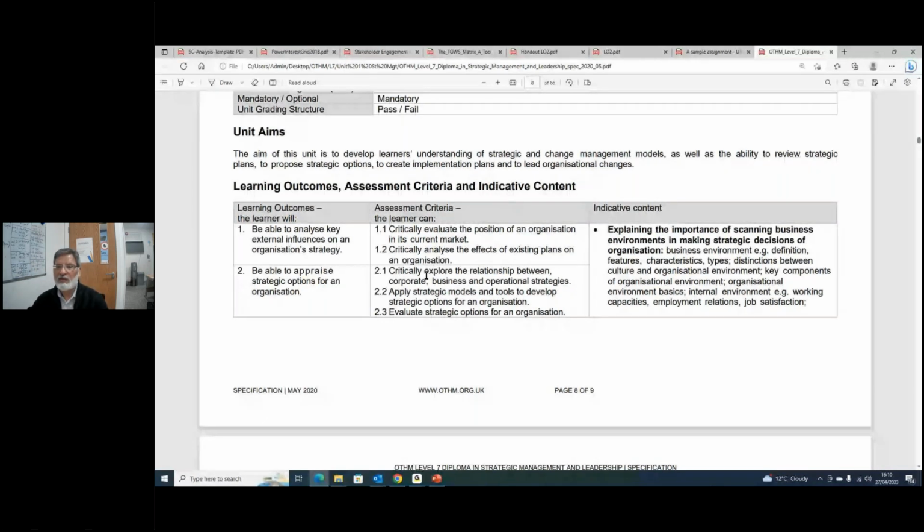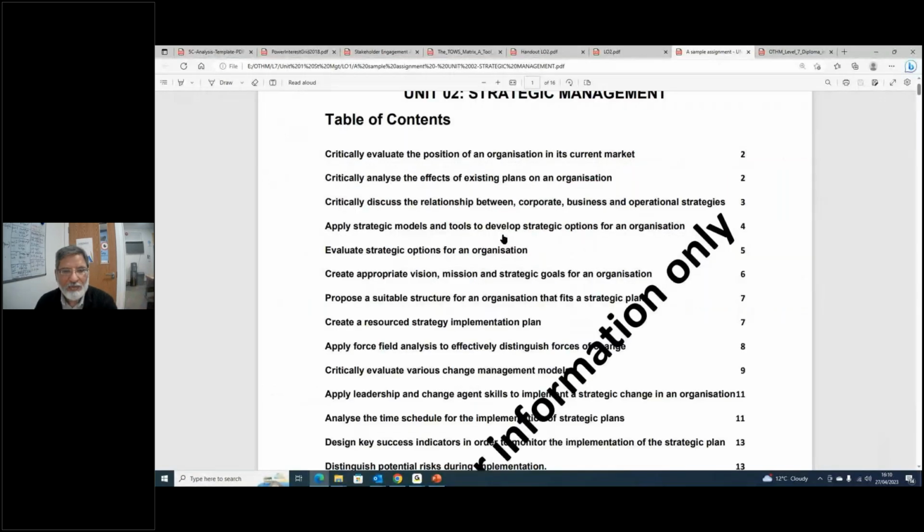I think one of my other colleagues will go into detail on the session, how to write an assignment and what's expected. So this is the assignment, a copy of the assignment, and on this side is a table of contents. When you're writing your assignment, it's important that you number these assessment criteria, please. 1.1, 1.2, 1.3: all the time you must remember to answer the assessment criteria and write the assessment criteria on the left-hand side.